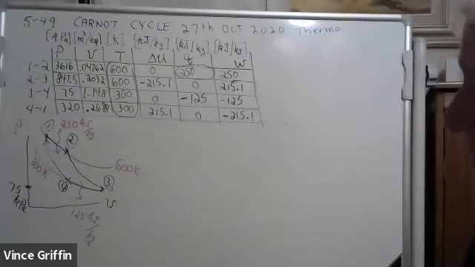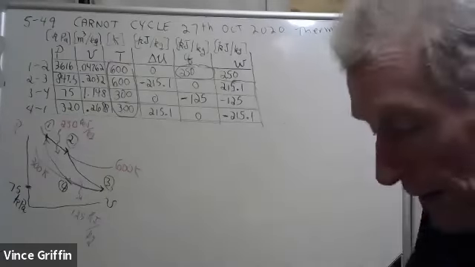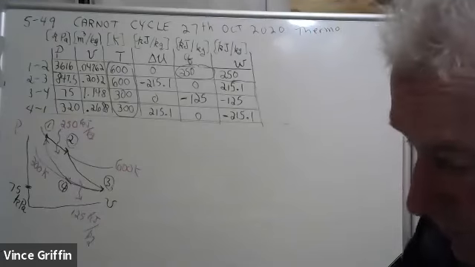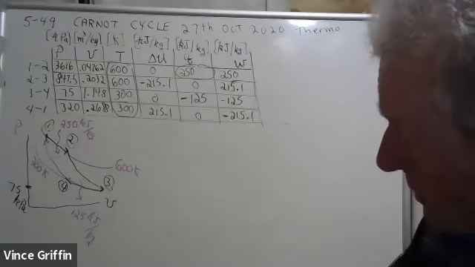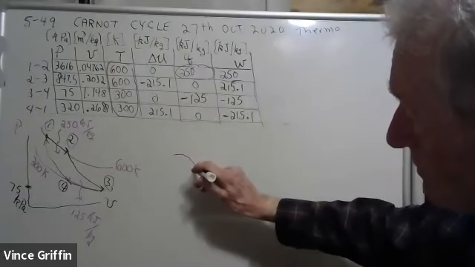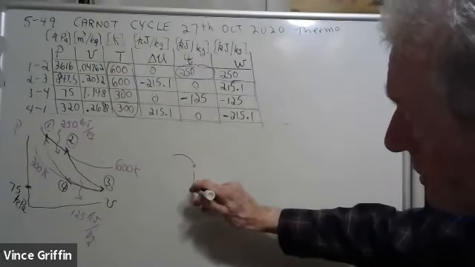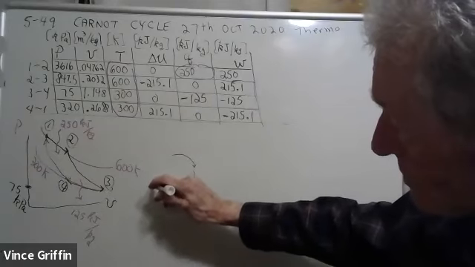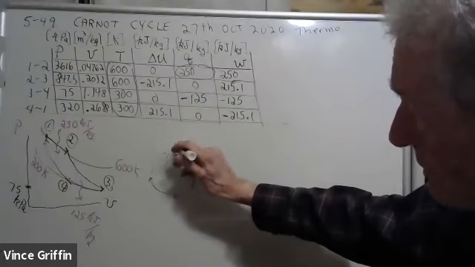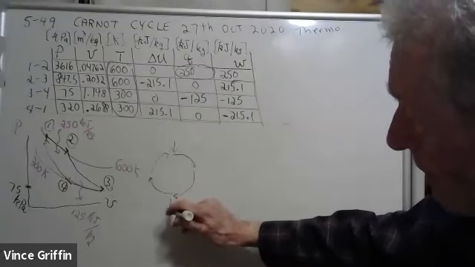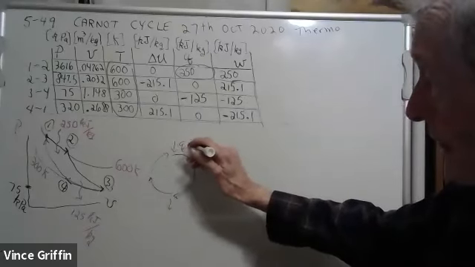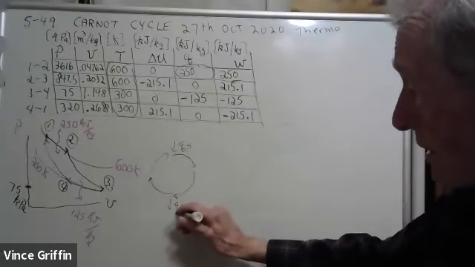What you need to do is draw the schematic. In fact, some of you didn't get 4s on your homework because you're not doing what I want. I want you to draw, in this case, this would be clockwise, because this is a power cycle. And see, what you got here is QH, and this is QL.